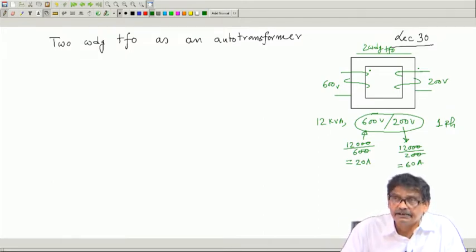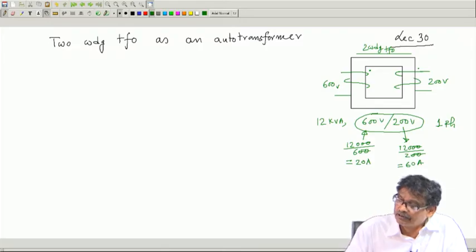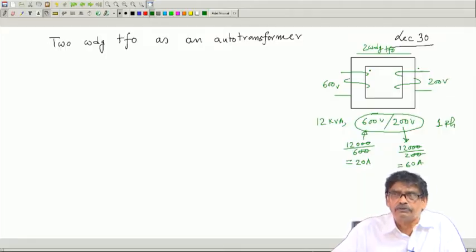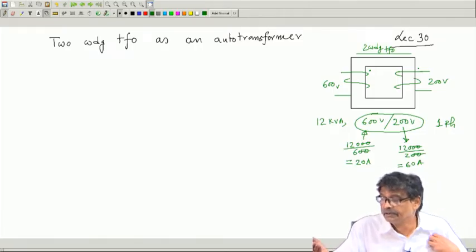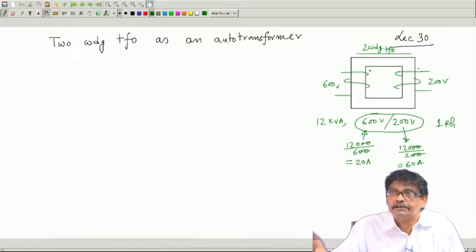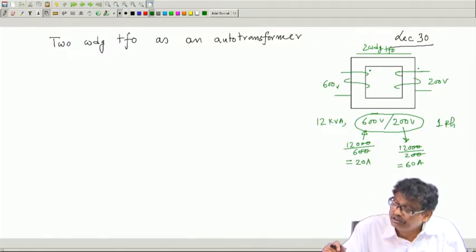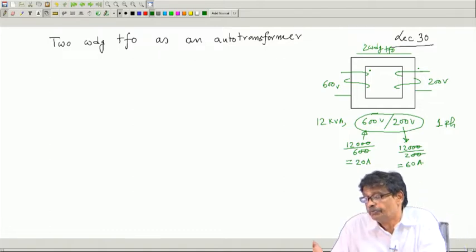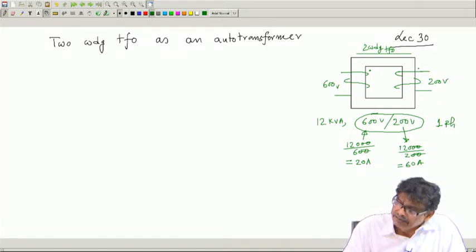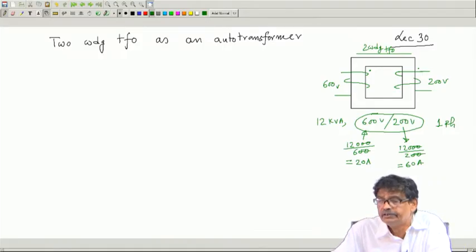The 600 volt can of course be transformed to 200 volt to supply a 200 volt load. But suppose you require 800 volt. Is it possible to use this two winding transformer whose input voltage will be 600 volt, but output voltage will be 200 volt? The answer is yes, it can be used provided you suitably connect these two coils.